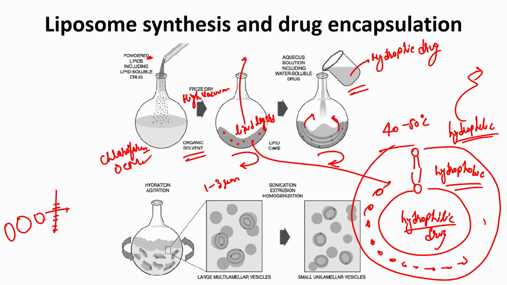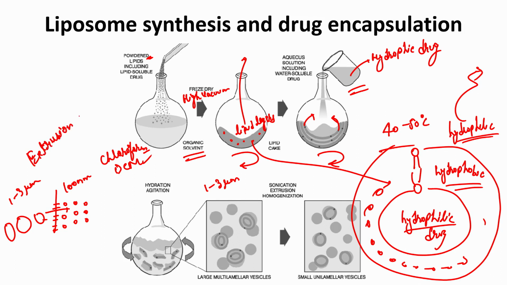As they pass through this pore size, they will squeeze through, break and reform, and they will end up being smaller and more monodisperse. So, you can get it down to even 100 nanometer from 1 to 3 micron through this process called extrusion.